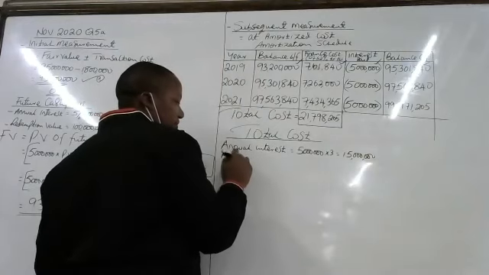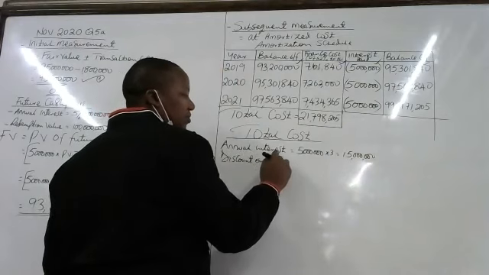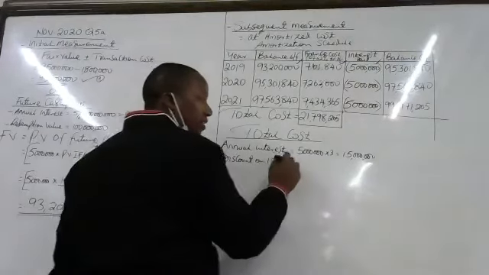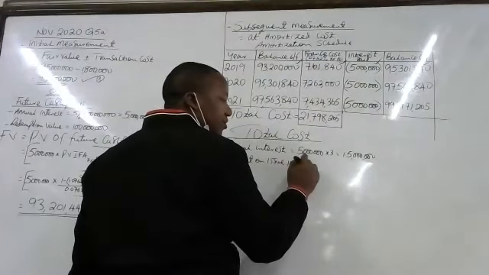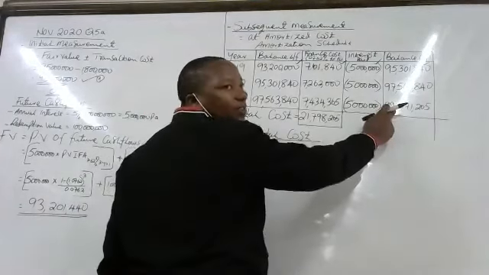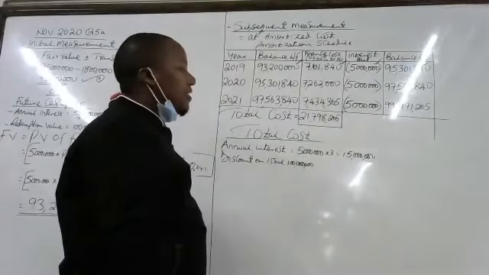Discount on issue. Yes, this bond had a face value of 100 million, is it? Yes, you can see we are paying at the end of the 3 years 100 million, is it? It's deemed at 100.